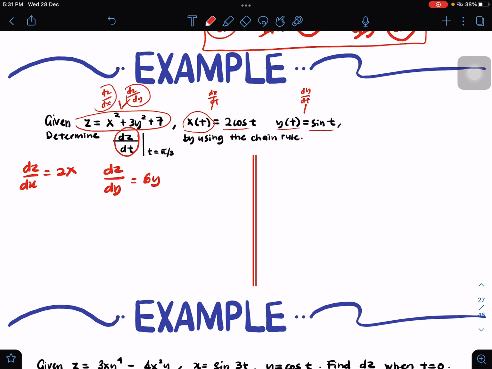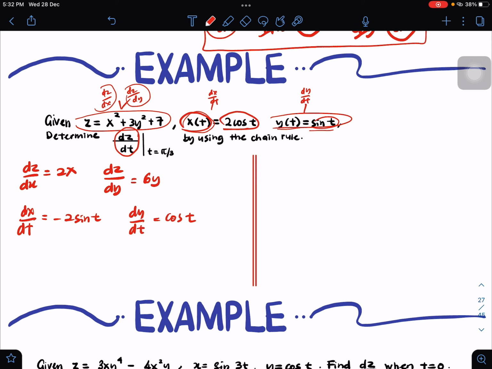From x, you differentiate, you will get dx/dt, because this one is in terms of t. Differentiating cos gives a negative sign, so negative 2 sin t. Differentiating y also gives you dy/dt; differentiating sin t gives you cos t.